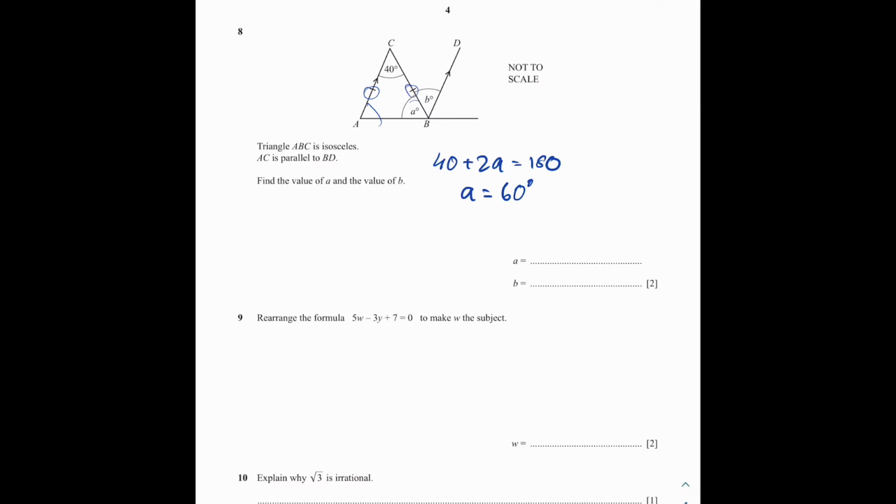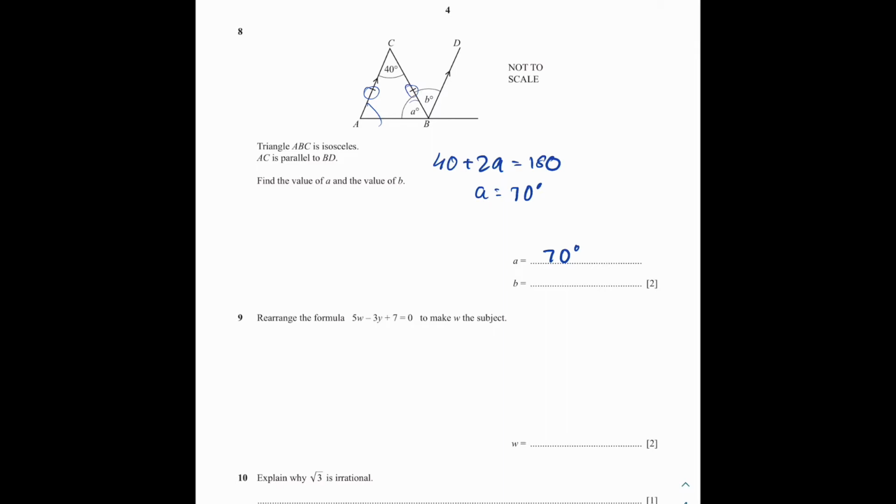So A is simply, oh, my bad. I am dumb. 180 minus 40 is 140, not 120. So 70. A is 70 degrees.